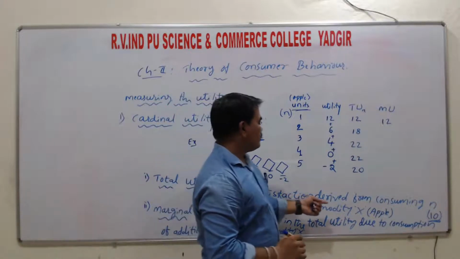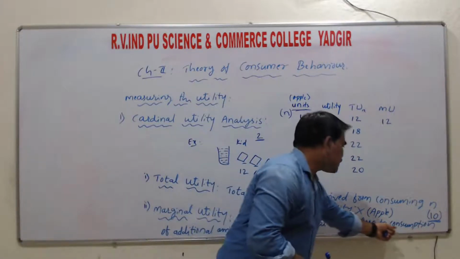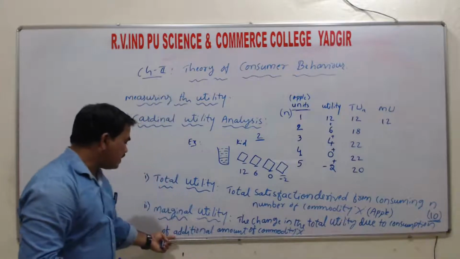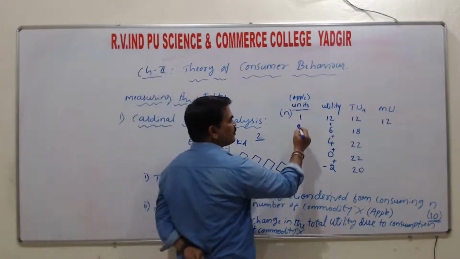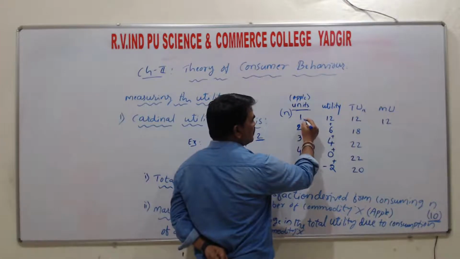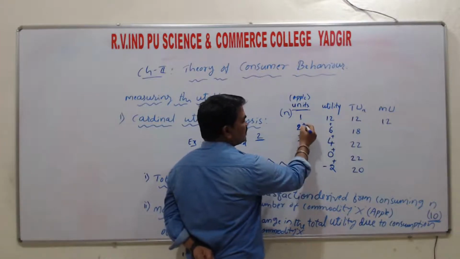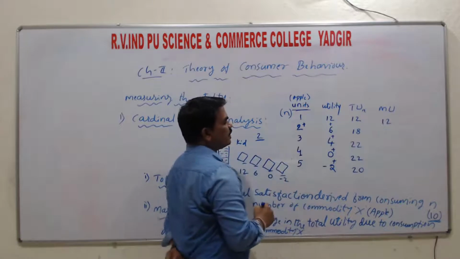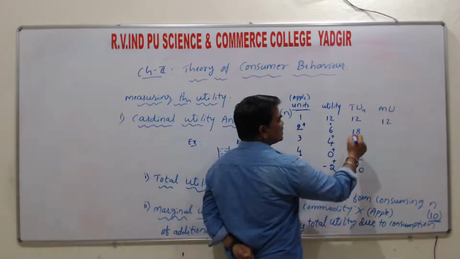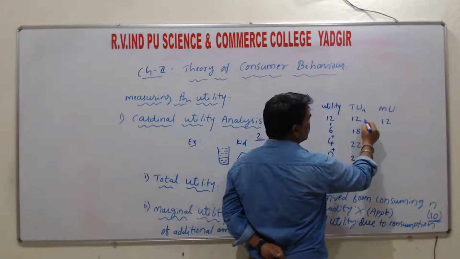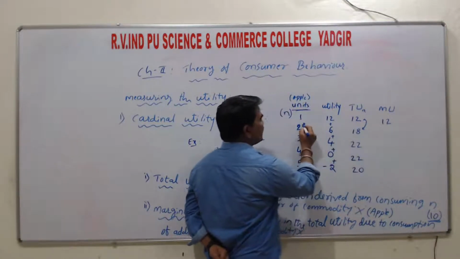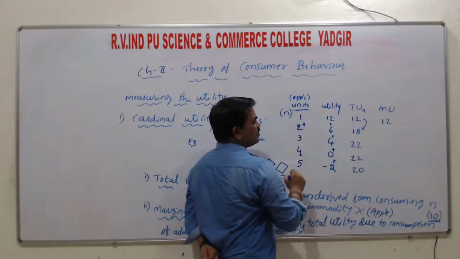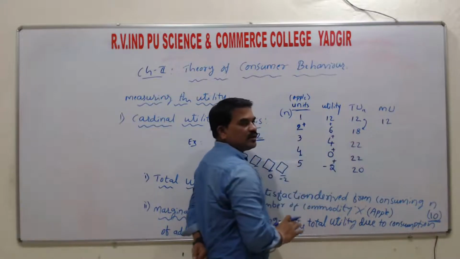But when I consume an additional amount of commodity X, when I consume one more apple, what is the change in the total utility from 12 to 18? What is the change in my total utility?